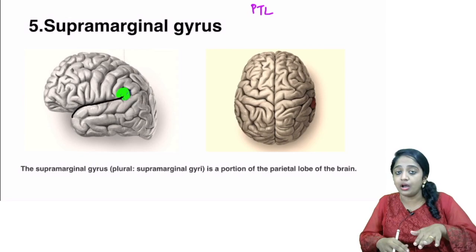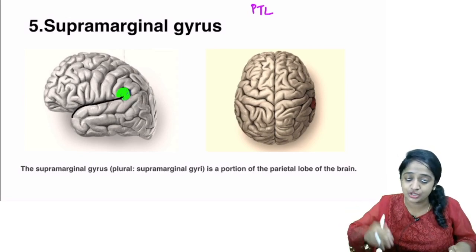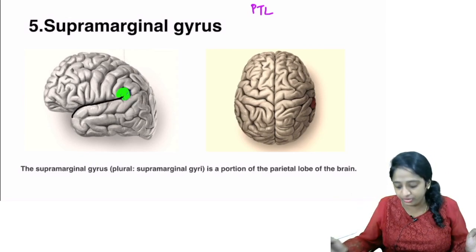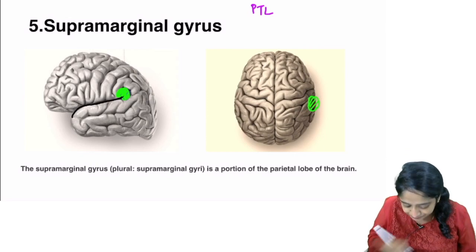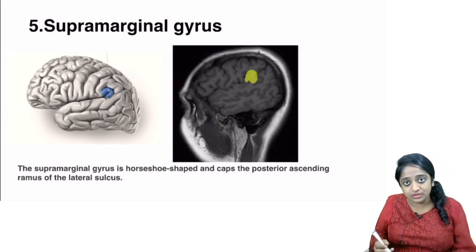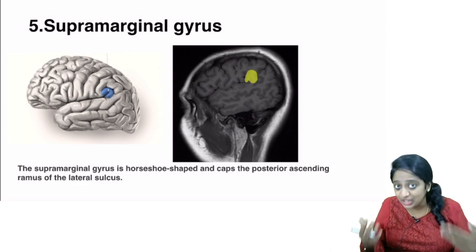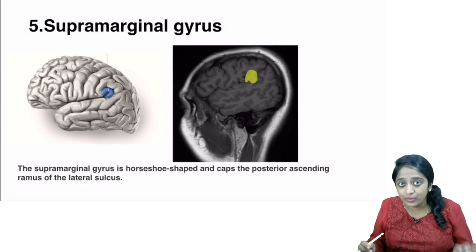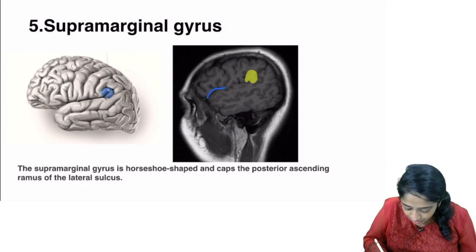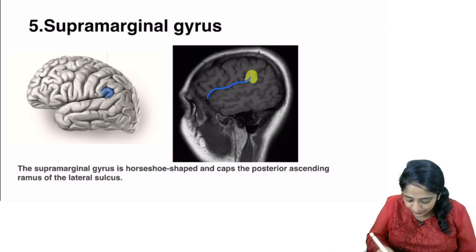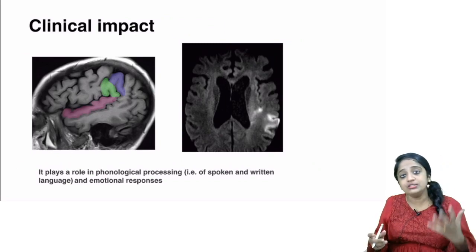So when you're looking at the brain from above, like the axial section, where do you expect? It is seen laterally, okay? Somewhere over here. So looking at the MR images, best to identify would be in a sagittal section, because we have to trace the sylvian fissure, and the most ascending part capping it, you have got the supramarginal gyrus. Now what's its importance?